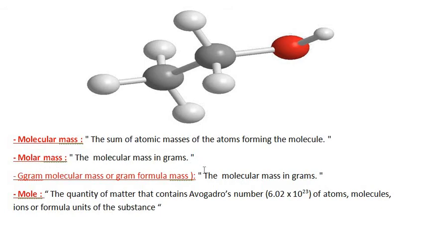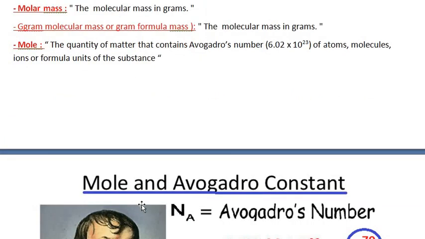In this case, we don't have one molecule, we have a great number of molecules called Avogadro's number of molecules, this number. Now this number represents the gram molecular mass, or the molar mass in grams, and is also called the mole, the quantity of matter that contains Avogadro's number of atoms or molecules.